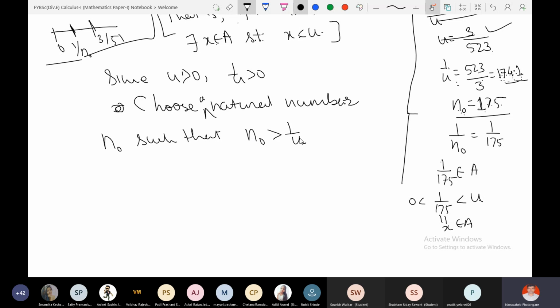Then 1 upon n naught is less than u, and 1 upon n naught is a member of the set.